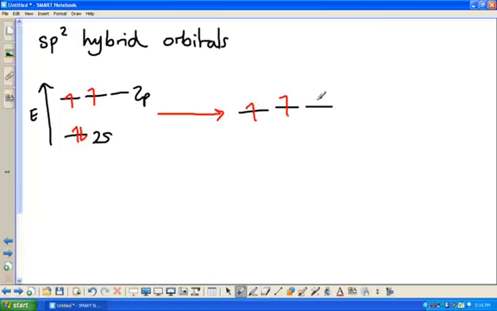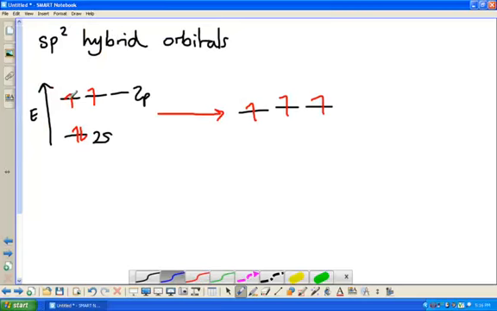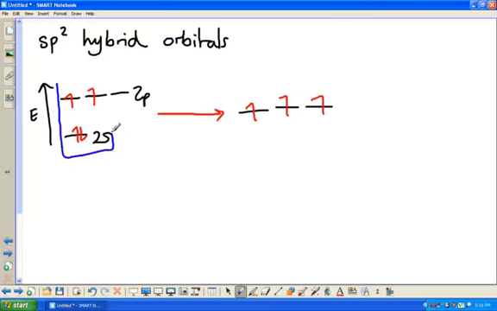We have a situation where only 3 of our orbitals mix up. sp2, if we go back to sp3, that means 3 p orbitals, 1 s orbital. So this must mean 2 p orbitals and 1 s orbital. So in effect, these are the ones that are mixing together, and this one is left all on its own. So it's still there.